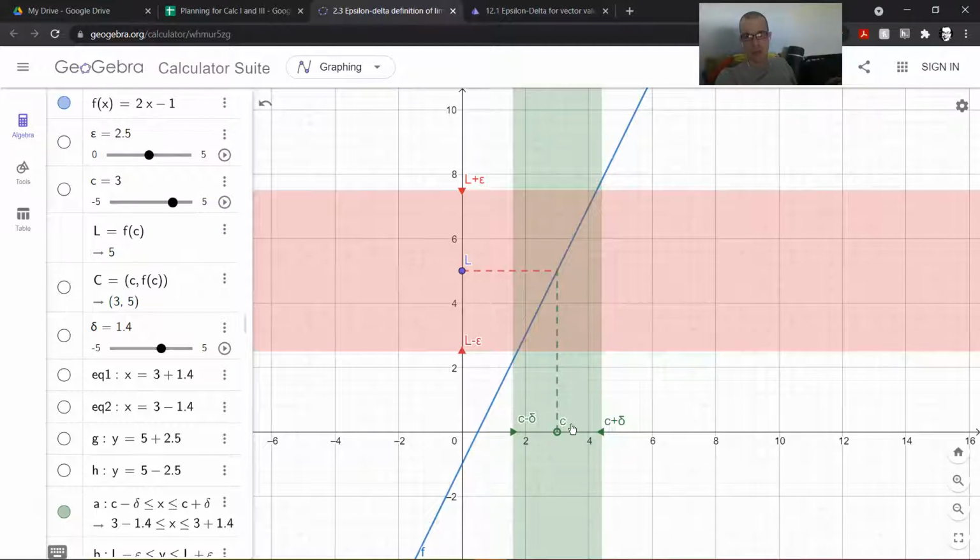So one input, one output, delta epsilon. This is what it looks like to have a region around C that is as big as delta, and this is a region around L with a radius of epsilon.